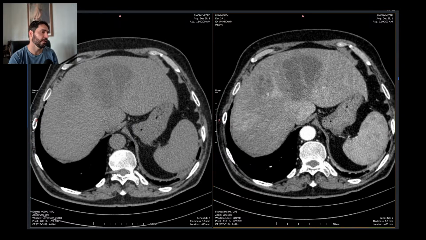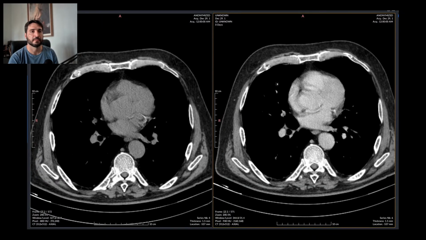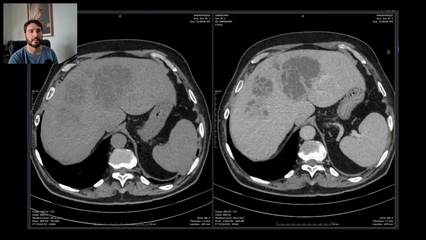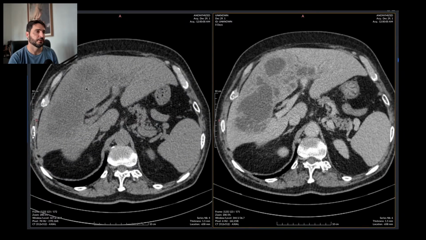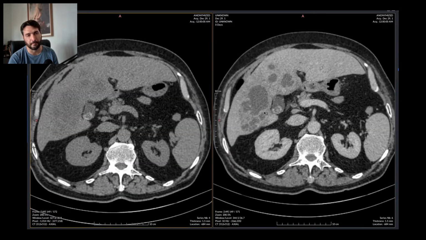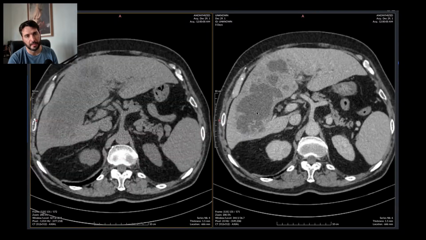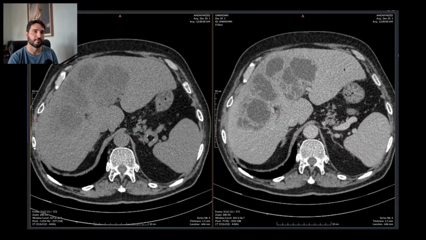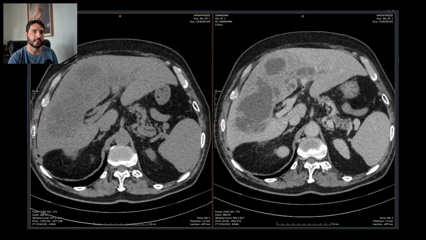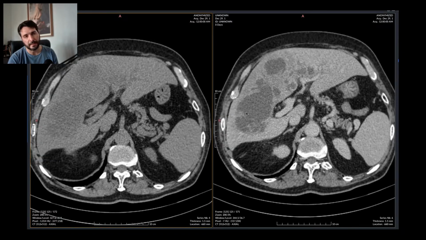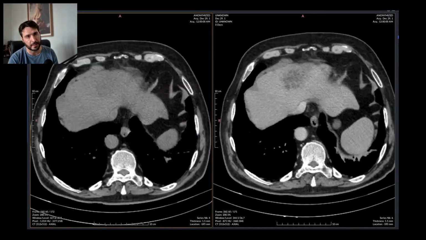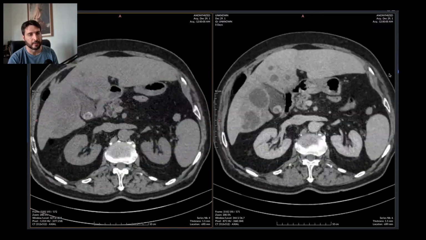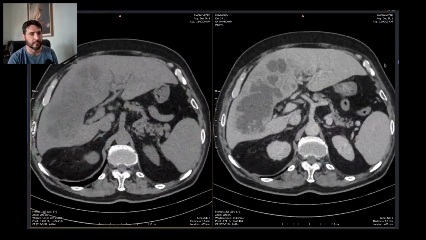On the contrary, if we get the portal phase back to the workstation, we can see that the ill-defined lesions are much better defined in this phase of enhancement, mostly because the liver is pretty bright and the inside of the lesions are liquid, are fluid, so they won't enhance.